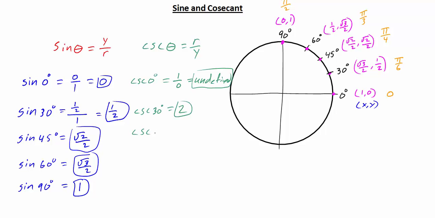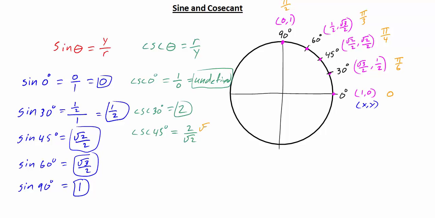So then if we look at the cosecant of 45 degrees, it's going to be the reciprocal here. So instead of square root of 2 over 2, it would be 2 over the square root of 2. Now, I don't really have a problem with this answer, but most likely you're going to see this rationalized so that we do not have the square root on the bottom.